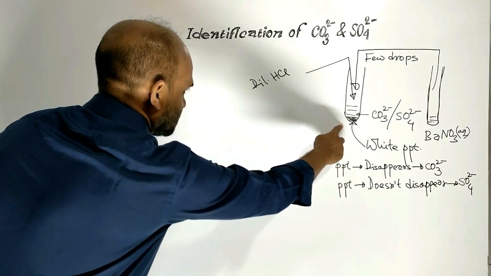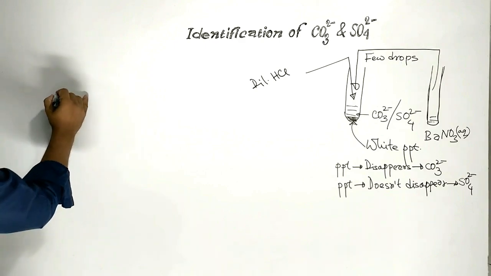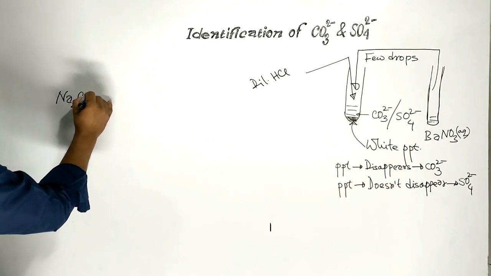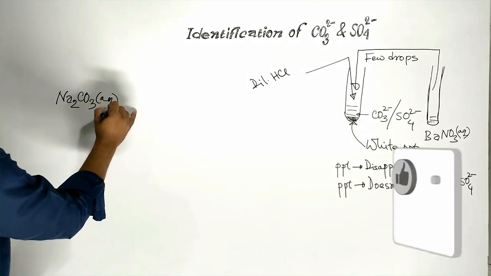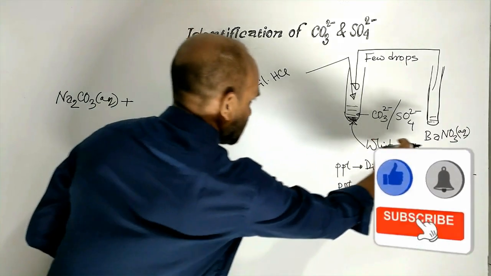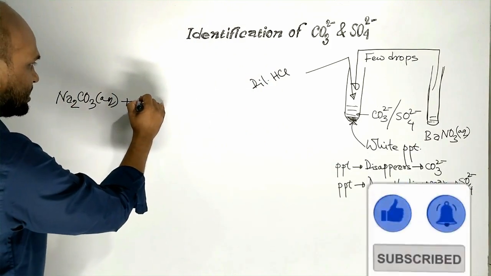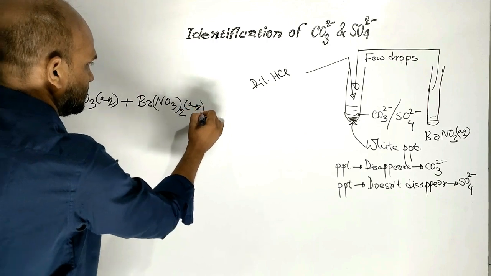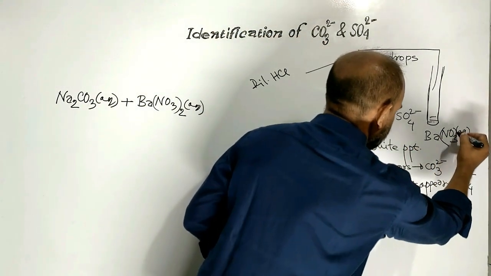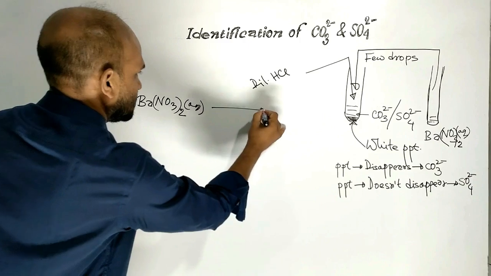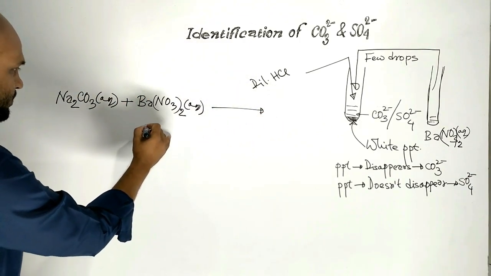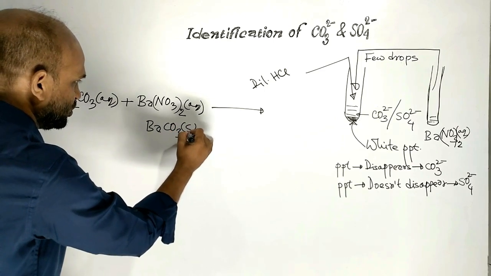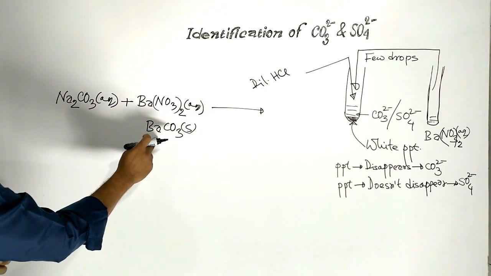When the solution contains carbonate ion, suppose the salt is sodium carbonate, in which barium nitrate solution is added. Then there is formed barium carbonate, which is insoluble in water.